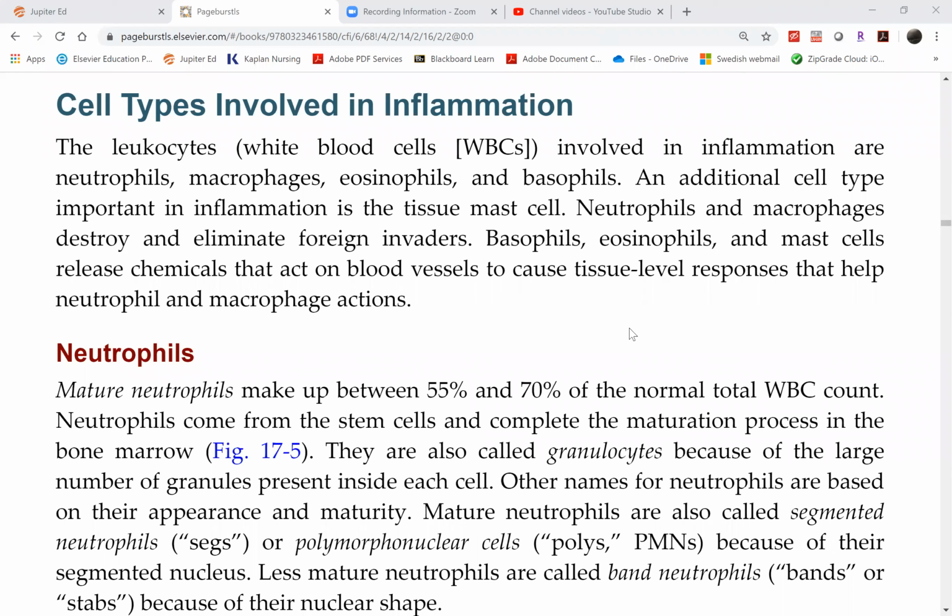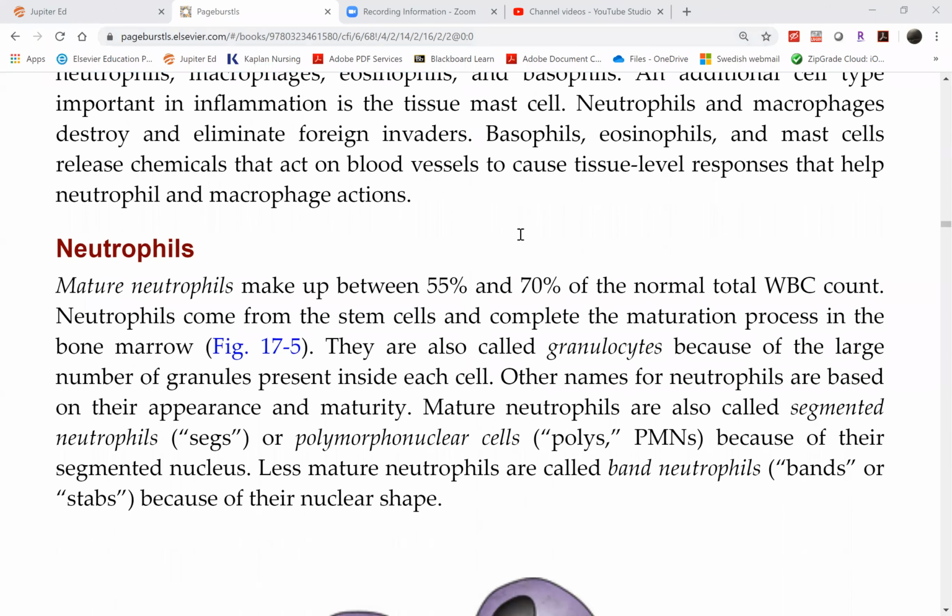My next question is, what type of infection is the patient having, if any? You mean like whether it's local or systemic? No. Okay, to help you answer that, we really don't know, because there are different types of white blood cells.